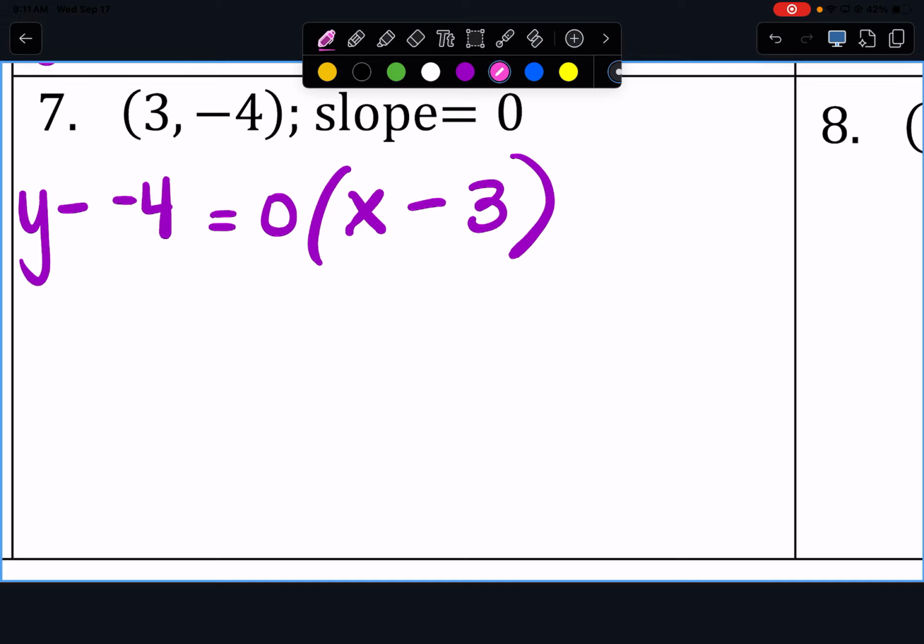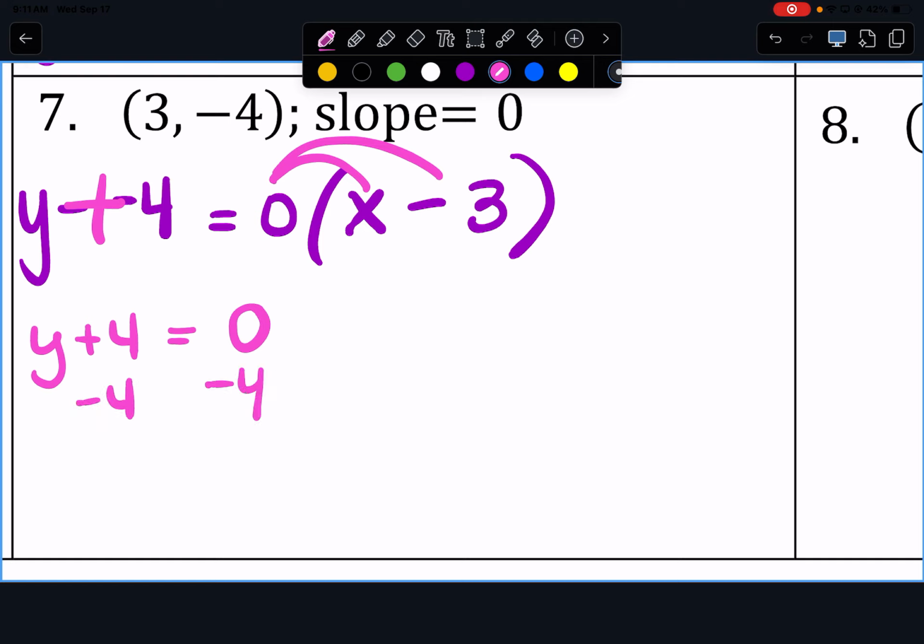When I subtract a negative number, add. So we get y plus 4 equals, what is 0 times x? 0. What is 0 times negative 3? 0. So what's the right side of the equation going to be? 0. And now what do I do from here?